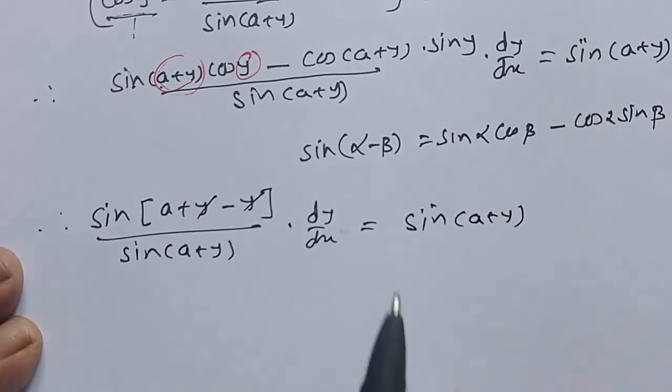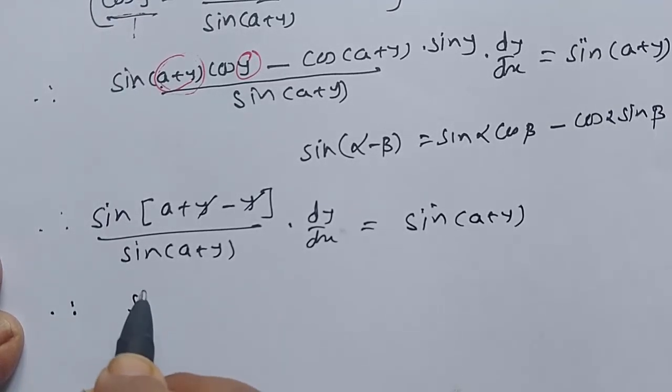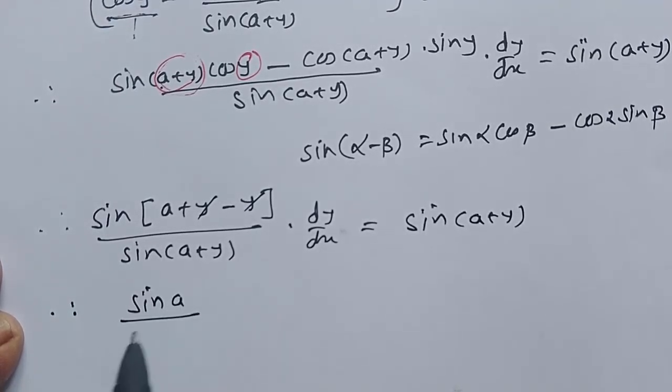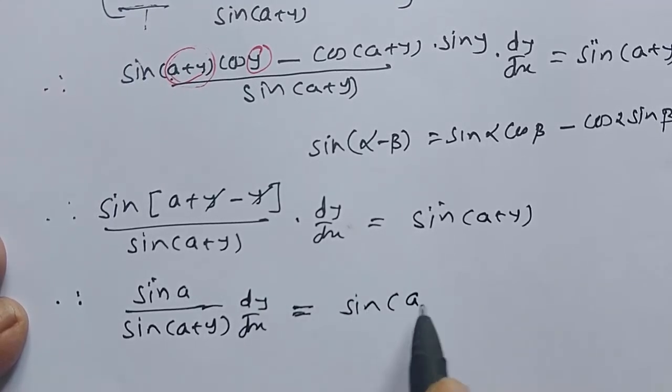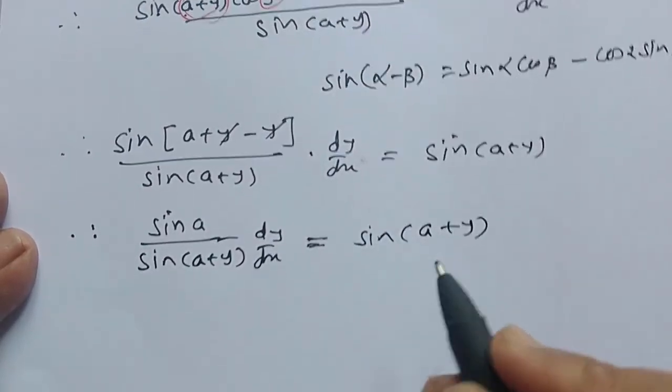So y gets cancelled, therefore sin a upon sin(a + y) into dy/dx = sin(a + y).